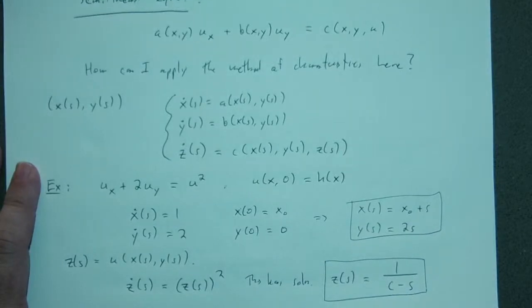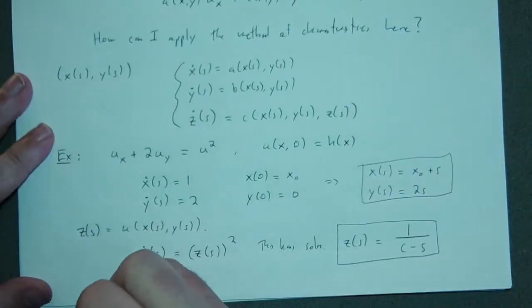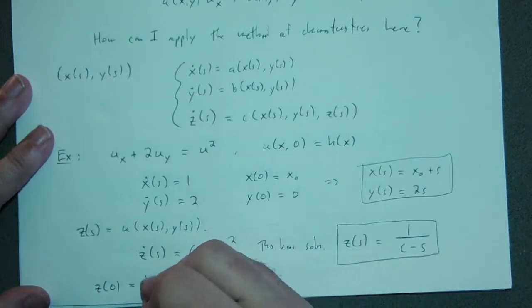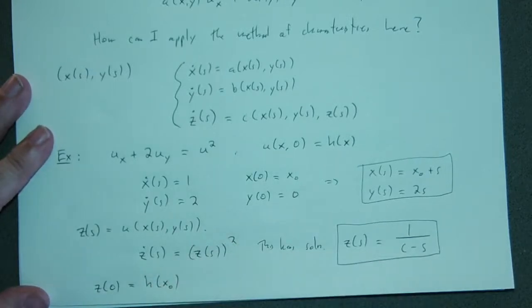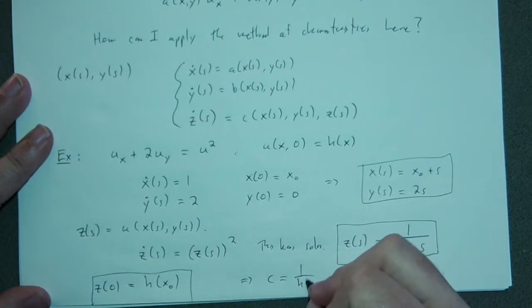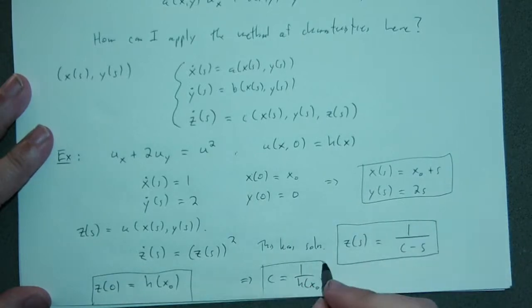Then the fact that z of 0 is the value of the characteristic at x sub 0, 0, which is h evaluated at x sub 0, as usual. So imposing this initial condition here, I get that c has to be 1 over h of x sub 0.